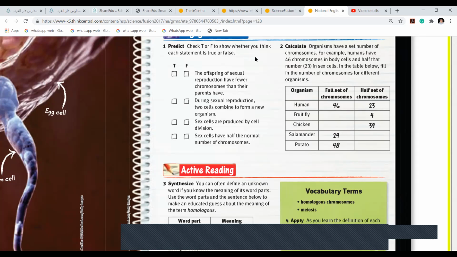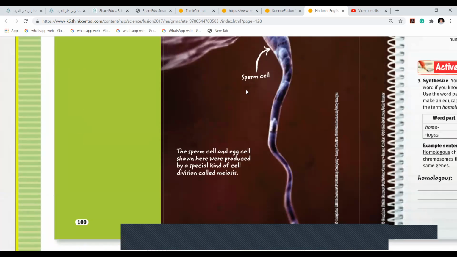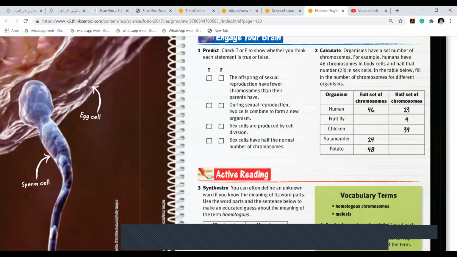No. It's okay. Now coming to true or false here: the offspring of sexual reproduction have fewer chromosomes than their parent. Girls, listen to me very carefully. When you say that the offspring will have fewer chromosomes, that is wrong.